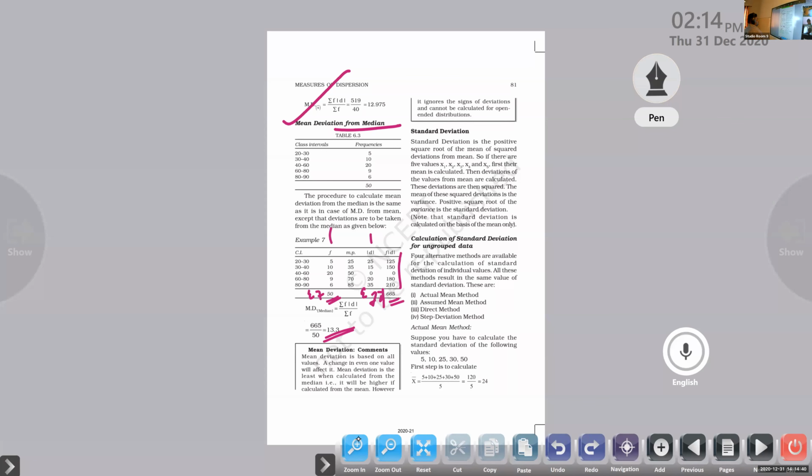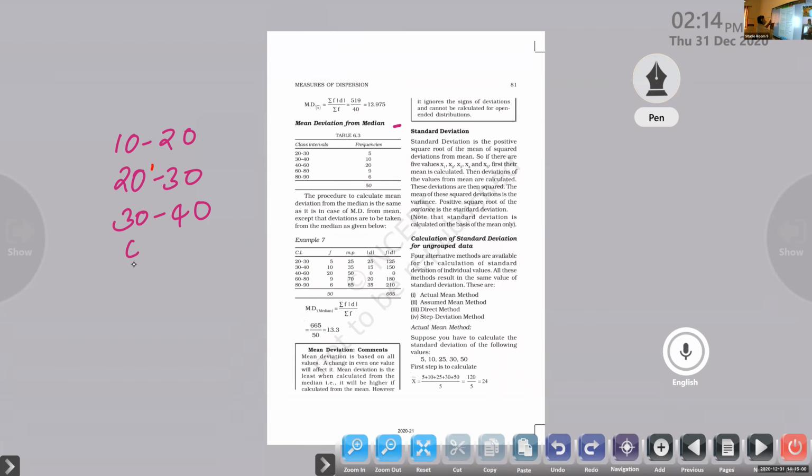One more time, repeating. First of all, I want to find out the median. I'm making changes in both the class intervals and frequencies. Rewrite: 10, 20, 20, 30, 30, 40, 40, 50, and the last one, 50 and 60. For simple calculation, frequencies 15, 25, 30, 25, and 20.